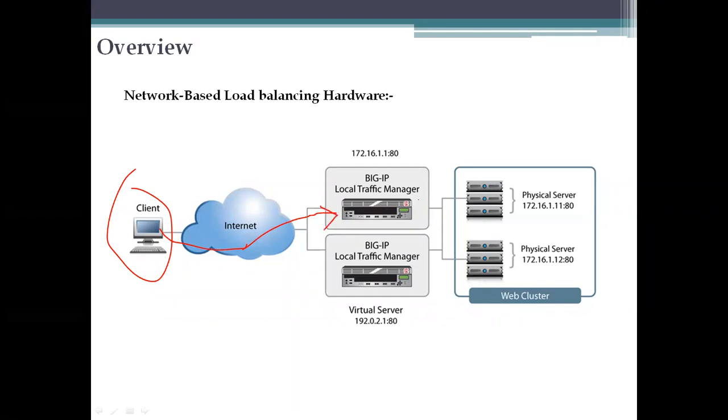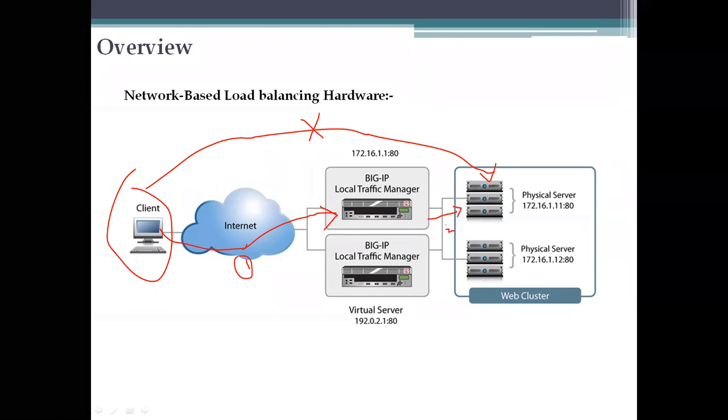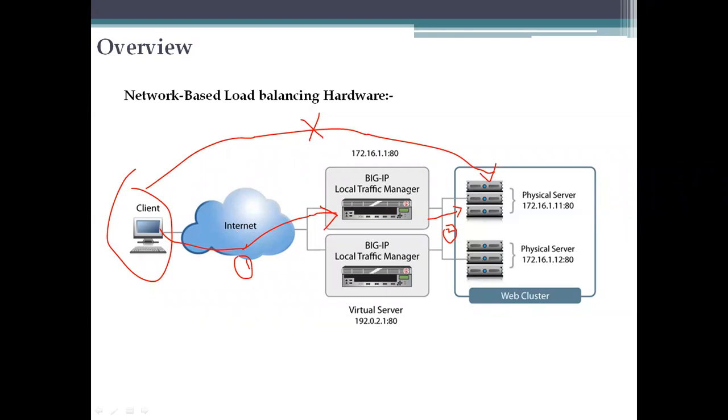The user is interested in accessing this server, but it cannot be accessed directly. F5 is there. So there is one connection from user to F5, and F5 to the backend server is another connection. F5 will take another connection on behalf of the user to the backend server.